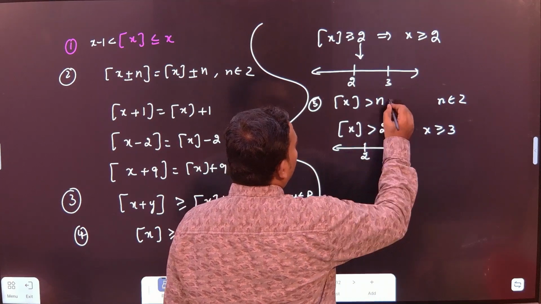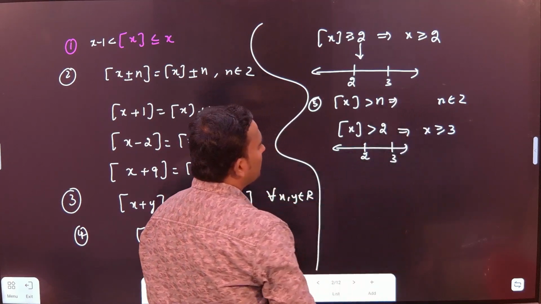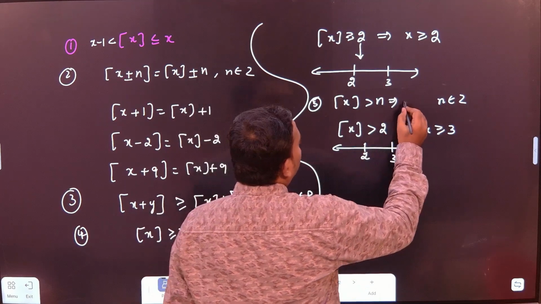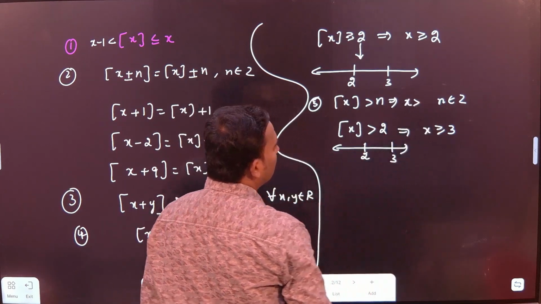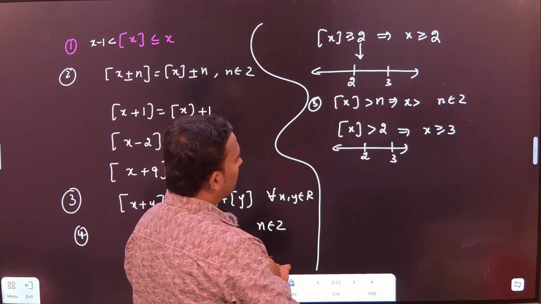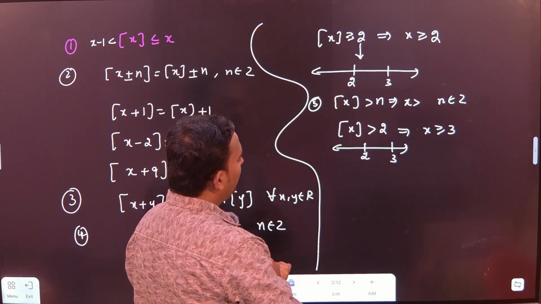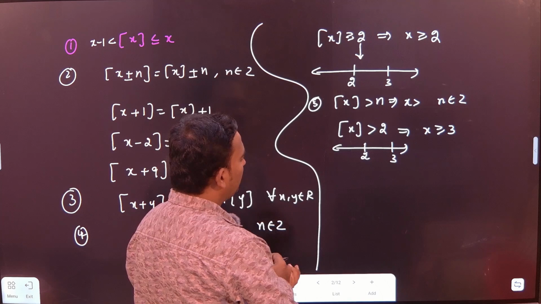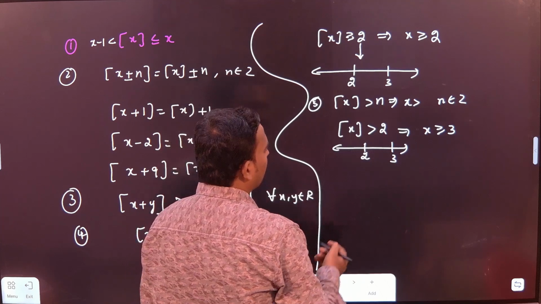Okay, so how do we rewrite this? Taking 3, it is more than 2 only, correct.